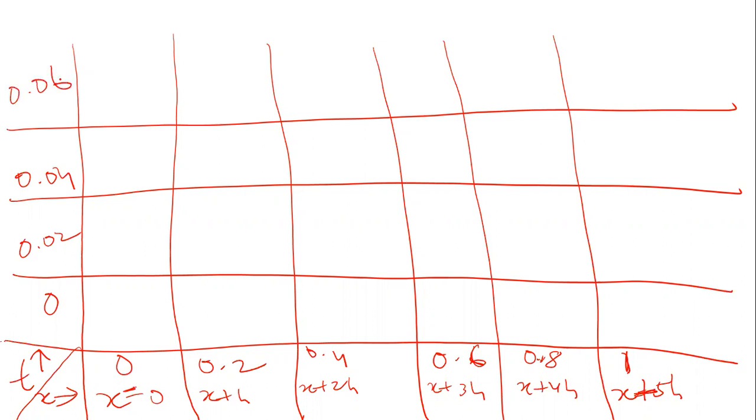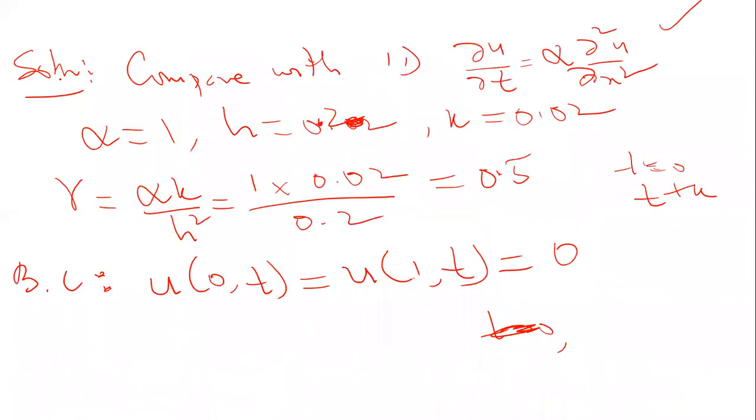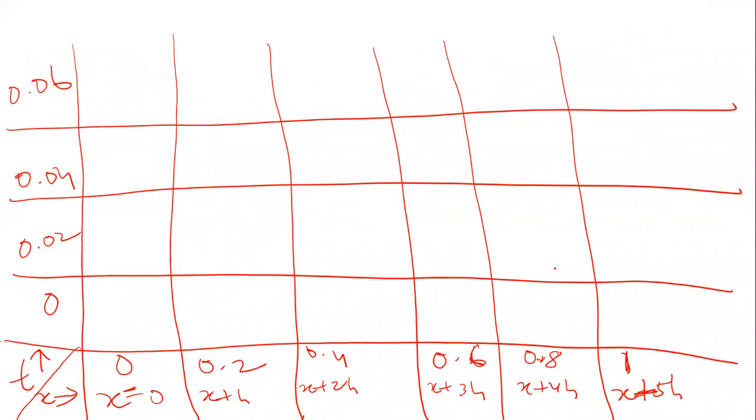Now, if you look at this boundary condition, the u value is 0 for all t at x equal to 0. At x equal to 0 for all time, these are 0.